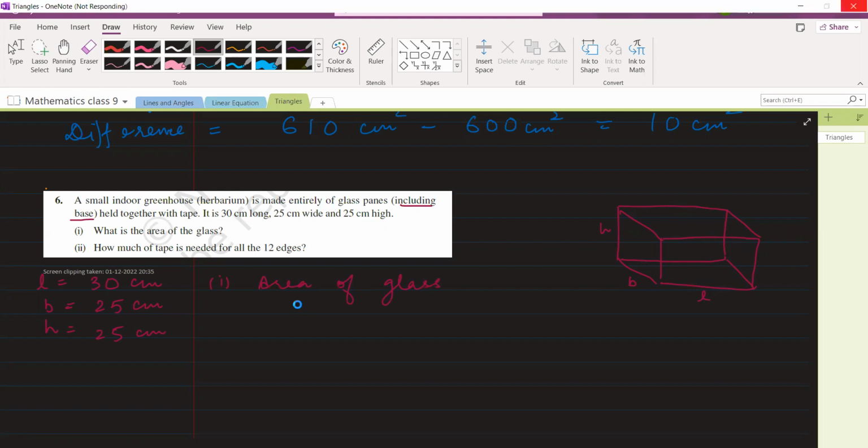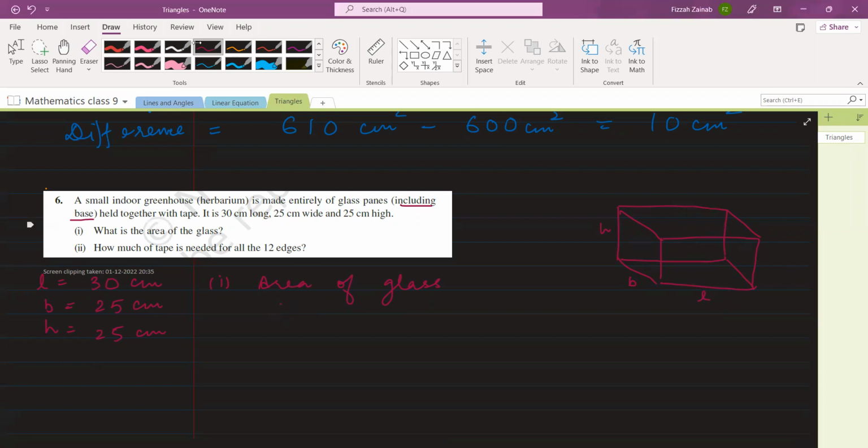So area of glass is actually the surface area of the cuboid. Understand? See, when I write only surface area, it means total surface area.